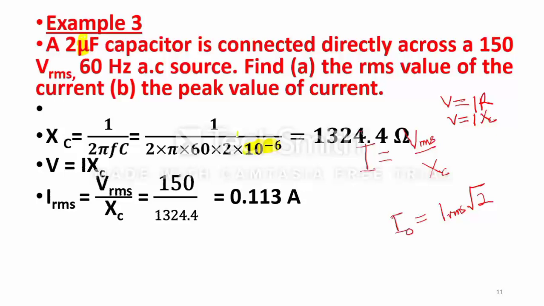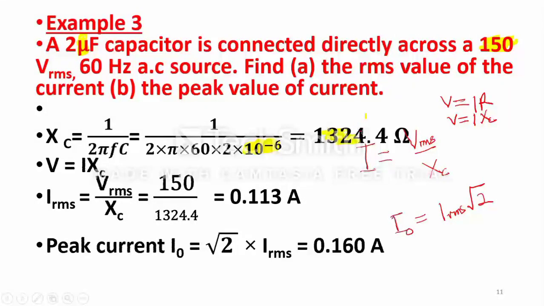Now, we have the capacitive reactance, we have the potential difference, and we are going to make I the subject. So we substitute the value for the root mean square voltage, which is 150, in the equation.